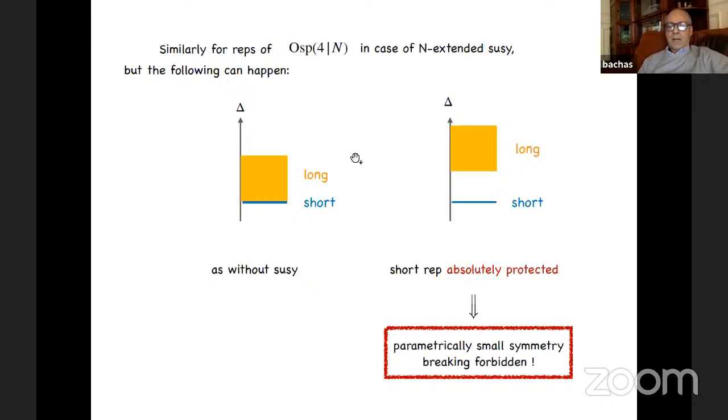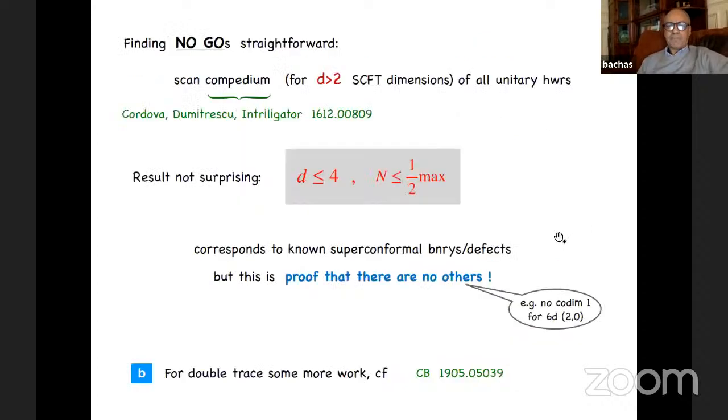And now there are 2 things that can happen here. A, things can work exactly as without supersymmetry. So the short multiplets are at the edge of a continuum of long multiplets, and then things go as before. But there are situations in which the short multiplets are absolutely protected. They are separated from the continuum of long spin 2 multiplets by a gap. And in this case, parametrically small symmetry breaking is forbidden, and those cases are excluded.